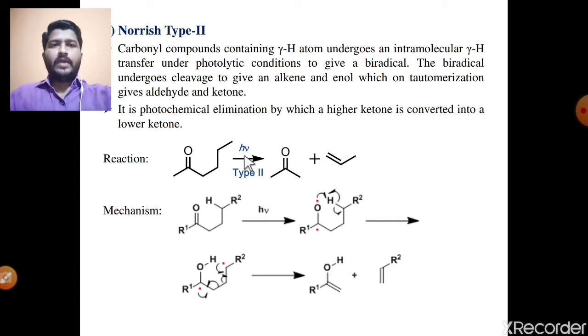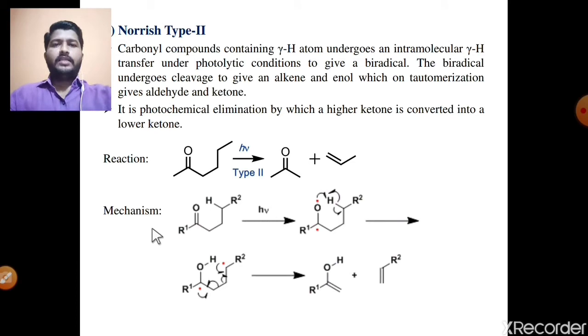Number first step, by absorption of light radiation, is the abstraction of gamma hydrogen. Okay, then number second step is homolytic cleavage of the bond between this alpha carbon and beta carbon, it gives finally this carbonyl compound, meaning enol on tautomerization gives carbonyl compound, meaning there is acetone formation, and number second is an alkene molecule formation.